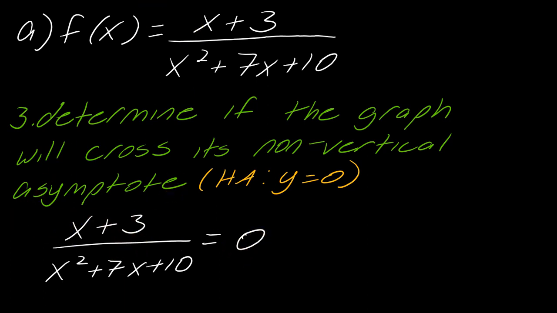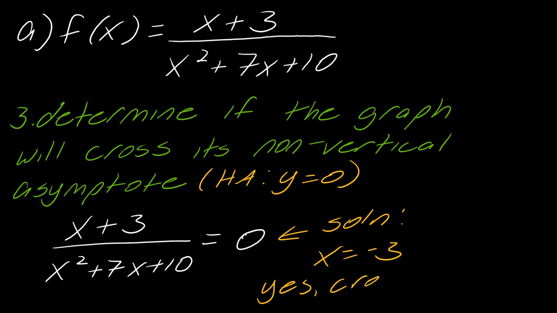And we already found that point. So the solution to this would be x = -3. So yes, it crosses at (-3, 0). We'll just remember that for now, and we will interpret that on a graph in a second.